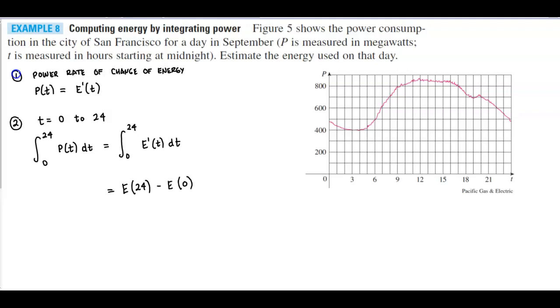This tells us the total amount of energy which is used on that day, in this case on that day in September.